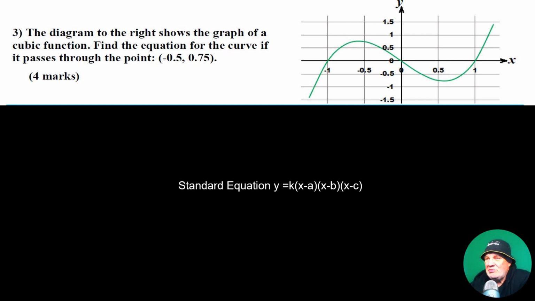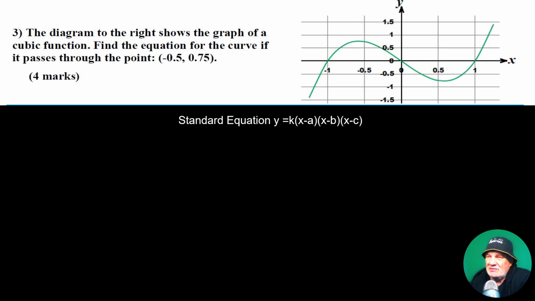So if we bring in the factor form of the standard equation, y equals k(x minus a)(x minus b)(x minus c), not the only standard equation, but one form of it for the cubic, where a, b, and c are the x-intercepts. So a is -1, b is 0, and c is 1. So let's put them into the equation.